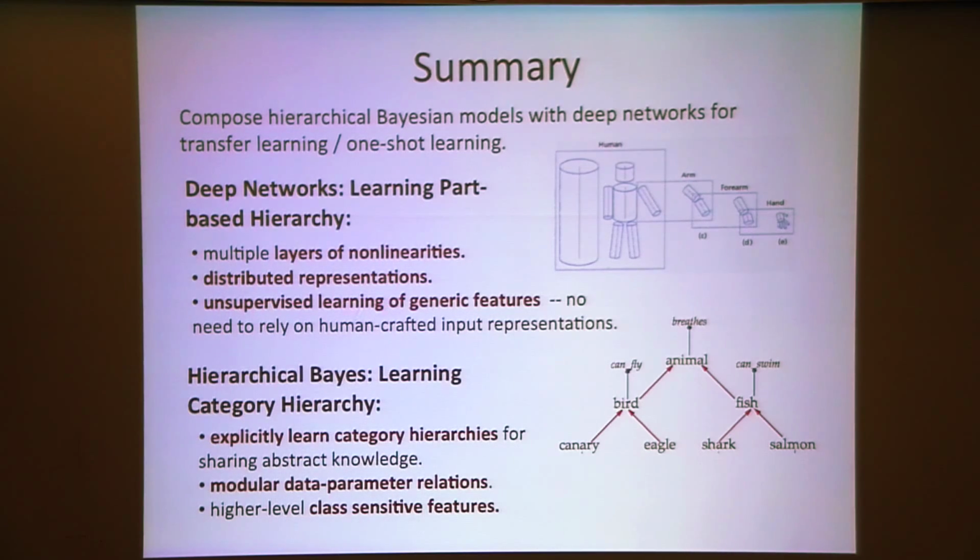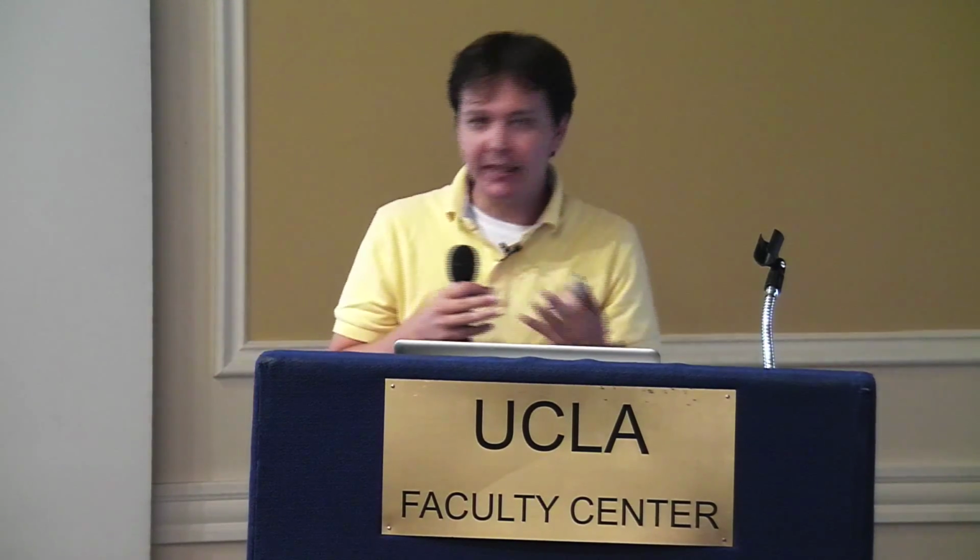You get distributed representations, and you get unsupervised learning of generic features. You don't need to rely on handcrafted or specific features. And there is also the notion of hierarchical Bayesian models where you can learn the category hierarchies, or how different objects relate to each other, and you can also learn high-level class-sensitive features. Okay, thank you.